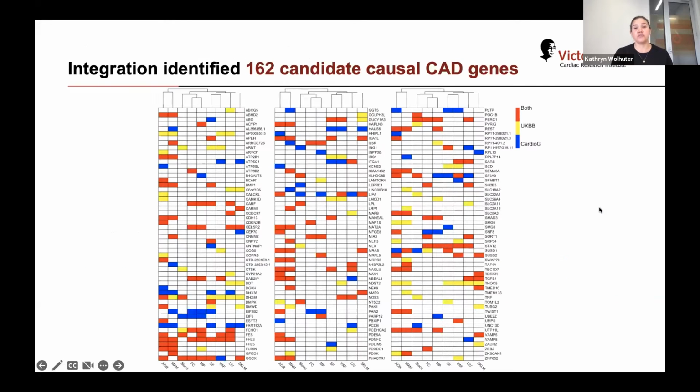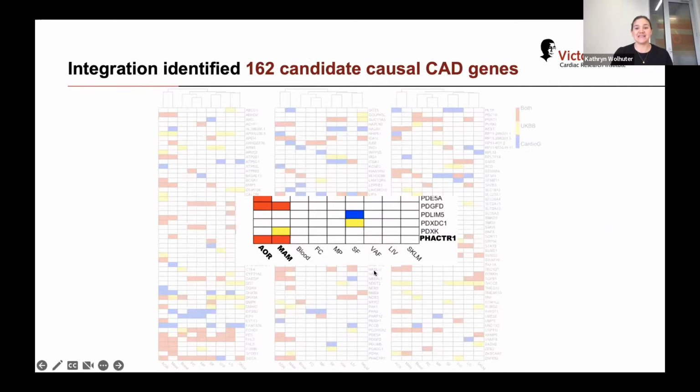Performing this analysis, we identified 162 genes which are causal for CAD, and unsurprisingly, factor 1 popped up. What was interesting was we showed that factor 1 was causal, so it had its effects in the aorta and also the mammary artery, showing that it's having its effects within the vessel wall.